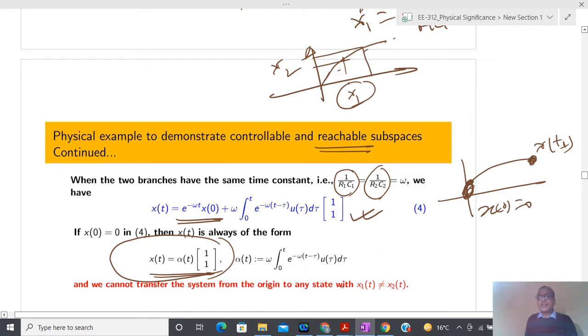Due to that reason, if the time constants are the same, then I cannot span the whole space, but still I can span some subspace. Why am I saying subspace? Now you can take a linear combination of these two, and it is possible to show that you are going to live here only. In this way we are able to find some kind of subspace inside the whole space.